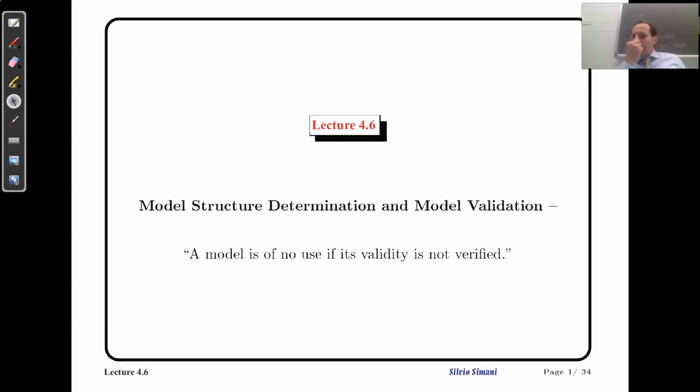And then once you have defined and estimated your model, you need to validate it in order to understand if it fits the data that you have used. In fact, the title of this lecture says that a model is of no use if its validity is not verified, and this is a really important matter.